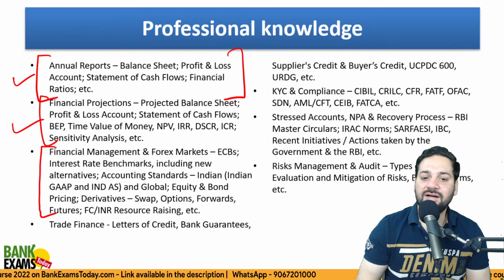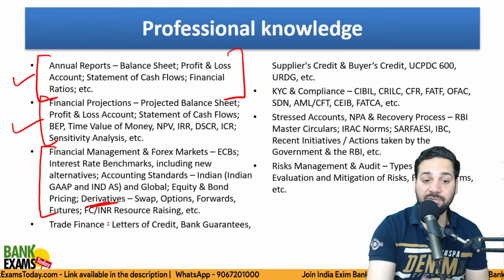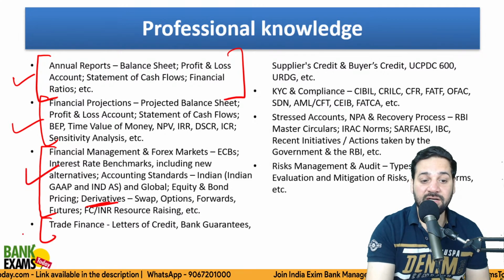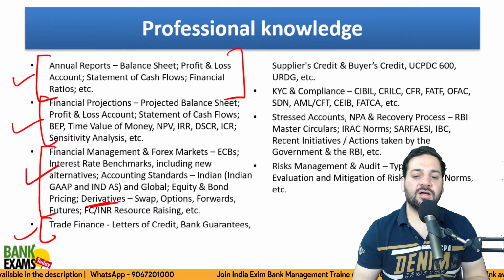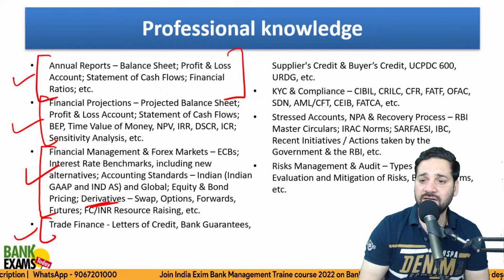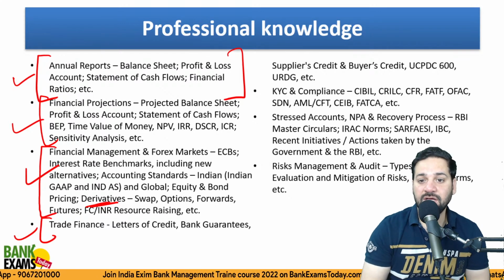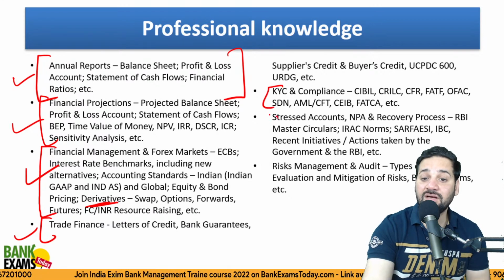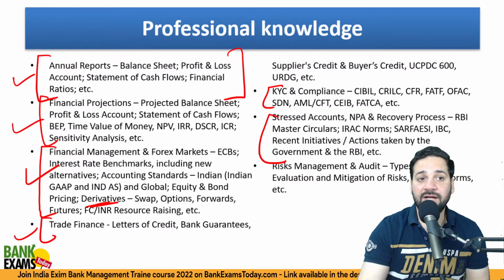The accounting standards, the equity bond market, the whole concept of derivatives is very important. The trade financing and instruments, various instruments that are used, letter of credit, letter of guarantee, the supplier's credit, buyer's credit, UCPDC 600, URDG, very important. KYC compliances, stressed accounts, the NPA SARFAESI Act, how it is handled, right?